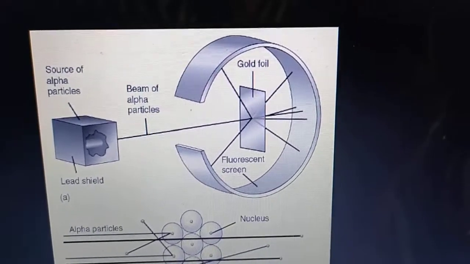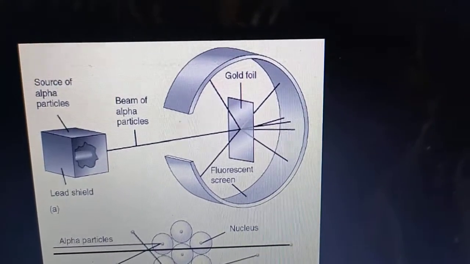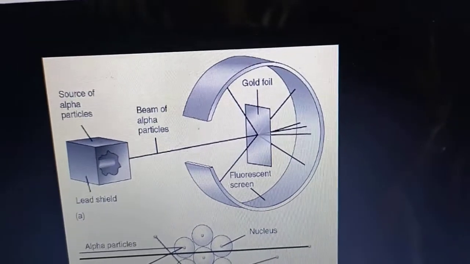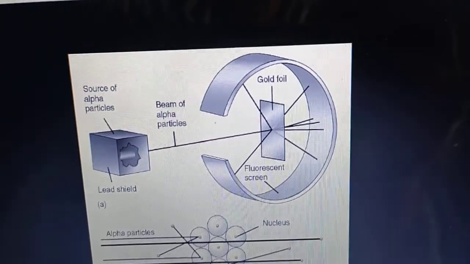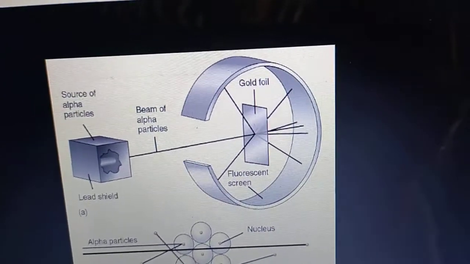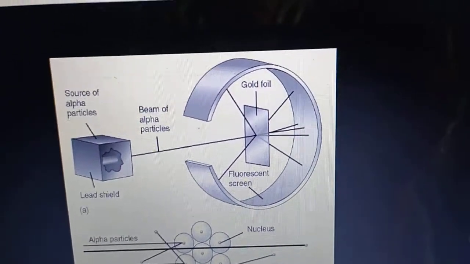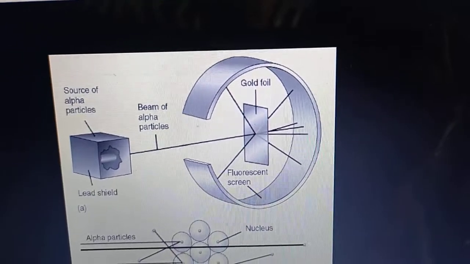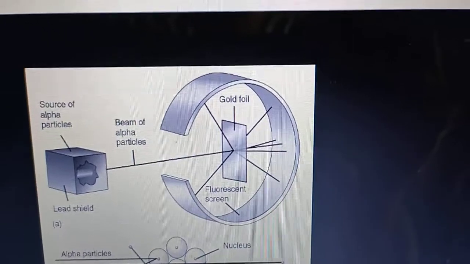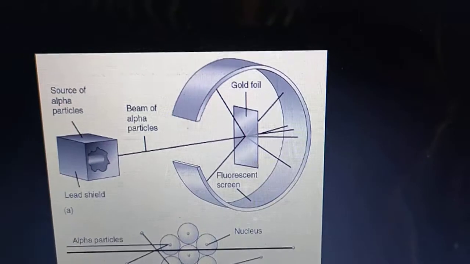How can we know that some of the alpha particles are undeflected, some slightly deflected, and some have given a large deflection? We can identify this by placing a fluorescent screen around this. If any of the particles strike the surface of this fluorescent screen, that point will glow. So this is the whole setup of the Rutherford alpha particle experiment.